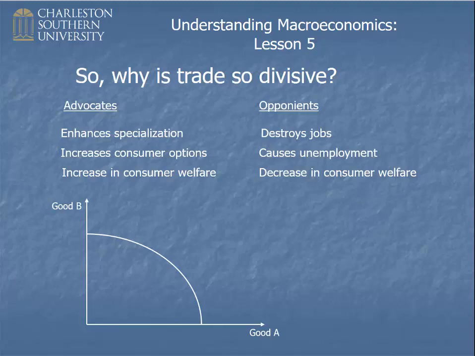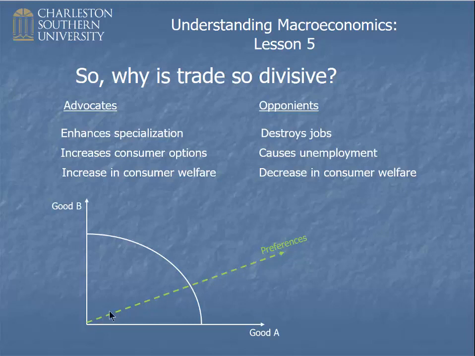So let's imagine in this simple country that people kind of like good A, maybe 3 times as much as good B. So they don't really want to be here in the middle, which would be equal amounts of A and B. They want to be over here someplace. So this is a preference line that maps out what people in this country like.